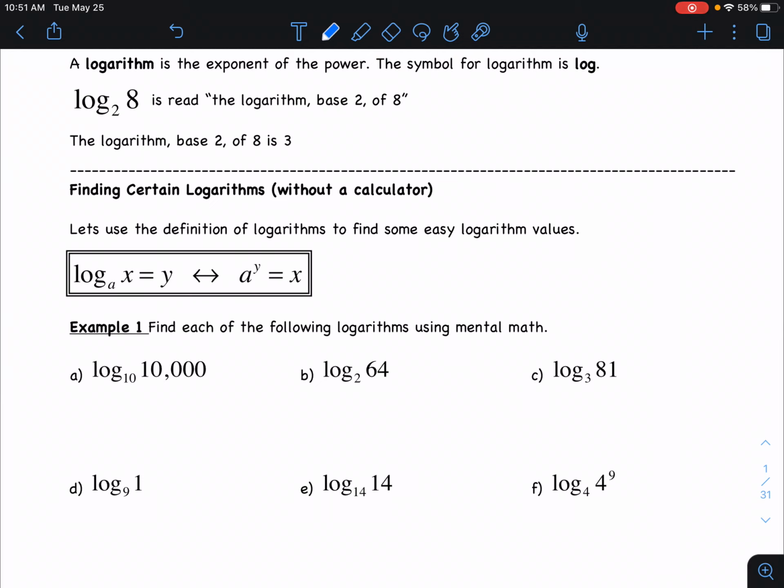What that means, again, is 2 to the power of what is 8? Obviously, where that question mark would be is the x. So as you can see, that's how a logarithm can relate to an exponent.